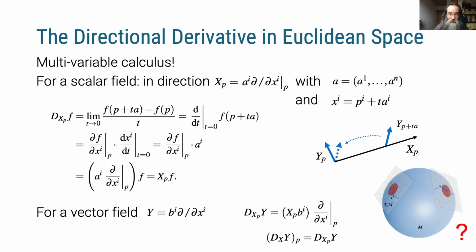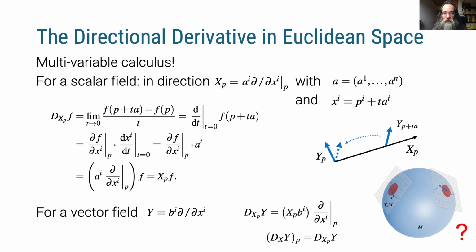Then we can define an operator D sub X_p, which we apply to f, and which we want to be the directional derivative of f. We do this in the usual way of multivariable calculus. We look at f at the location p plus t a, subtract f at p, divide by t, and let t go to 0. This is the usual limit to calculate a derivative.